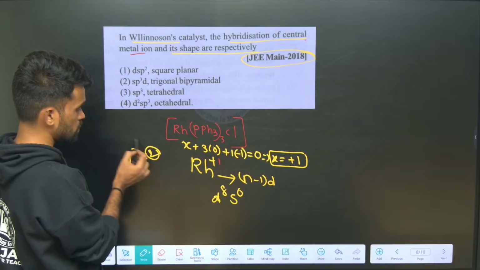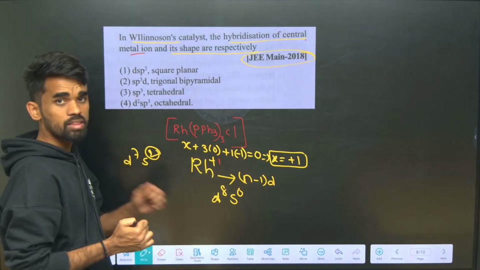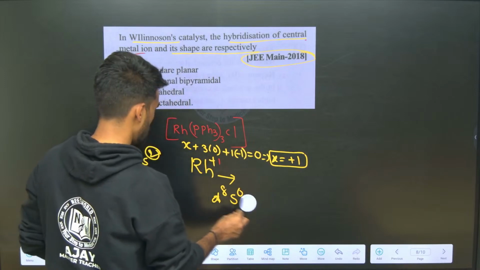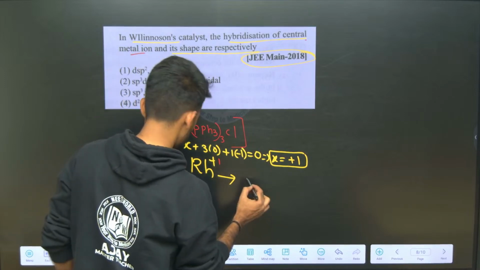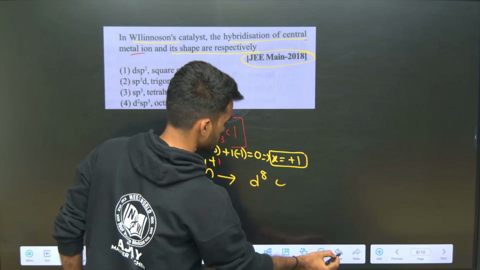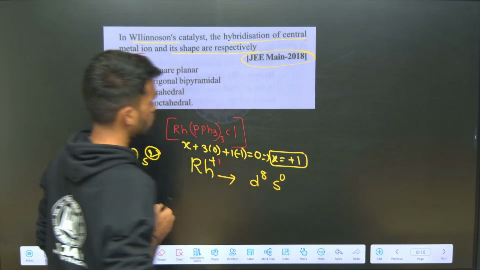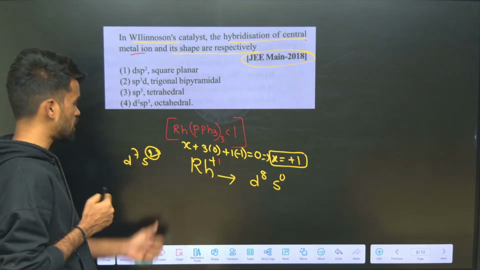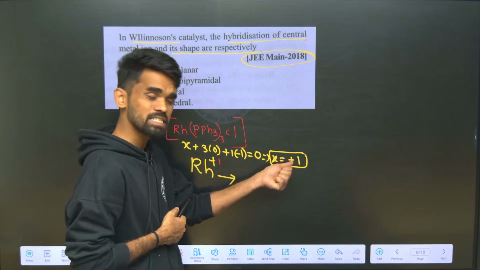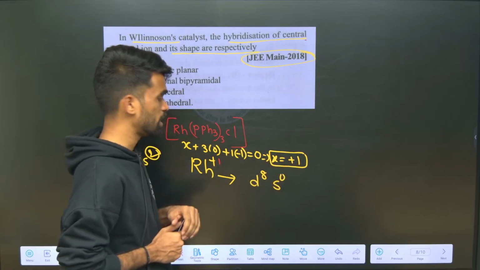One electron jumps over here, since the principal quantum number is increasing, so I can write 4d8 5s0. Because 9 electrons are there in this group of elements, 1 electron is removed as its oxidation state is +1, so the remaining 8 are there.